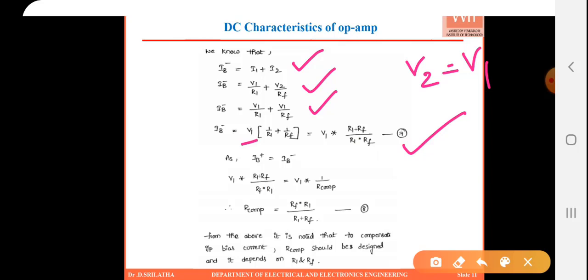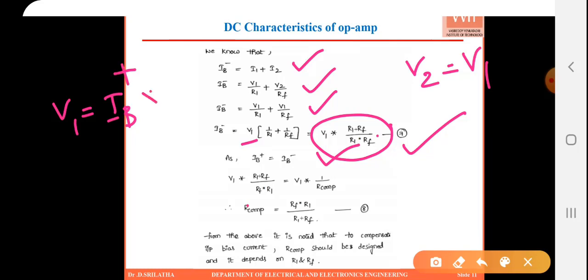If it is an ideal case, IB plus should be equal to IB minus, but there is a little bit of difference between the two. Already we have written V1 is equal to IB plus into R comp, so IB plus is V1 by R comp.